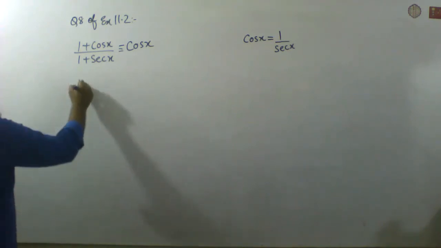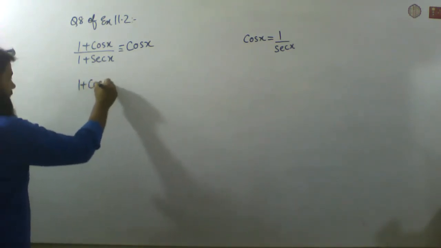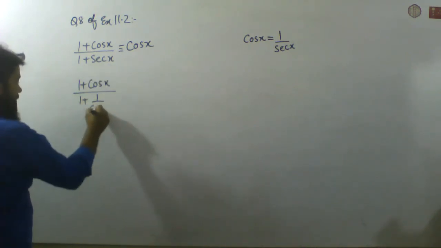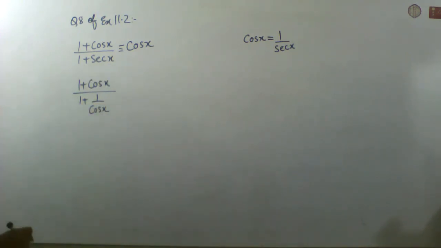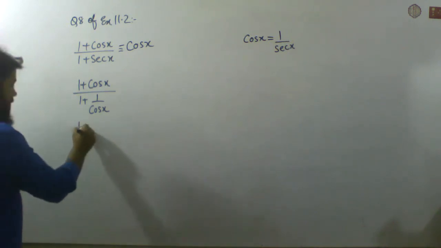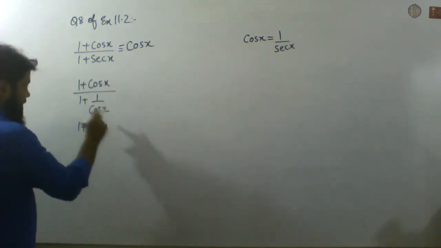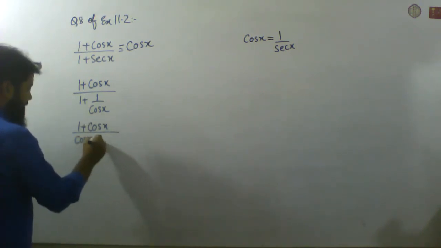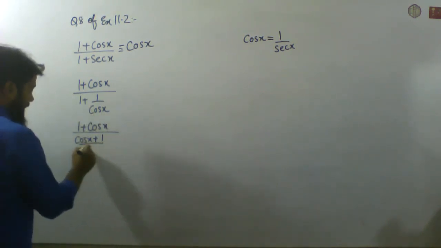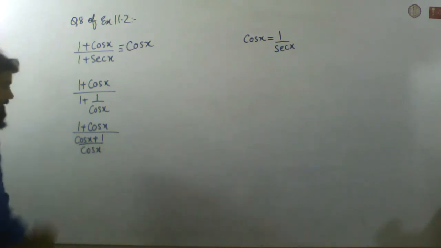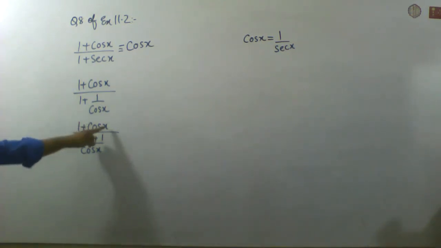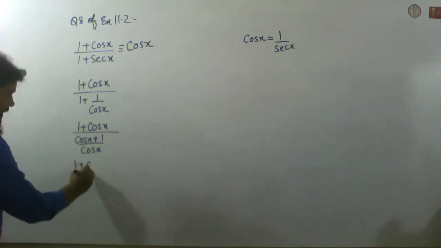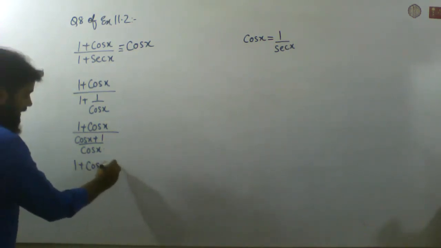So 1 plus cos x over 1 plus 1 over cos x. Taking LCM, the denominator becomes cos x plus 1 upon cos x. So 1 plus cos x is divided by this fraction.